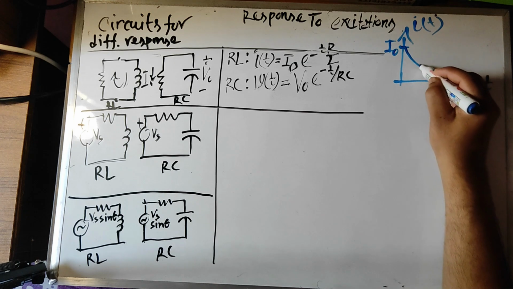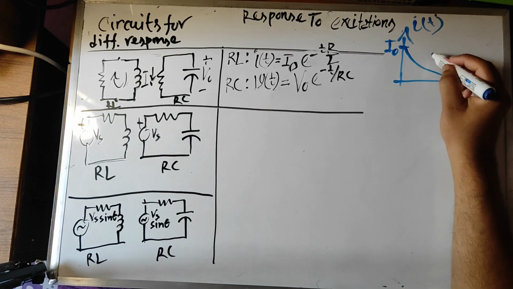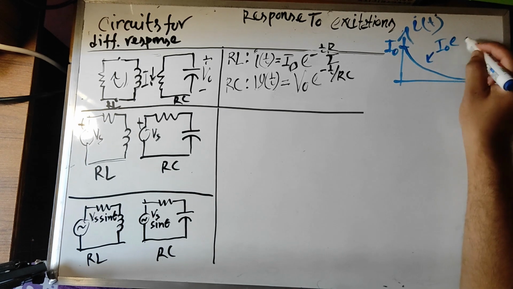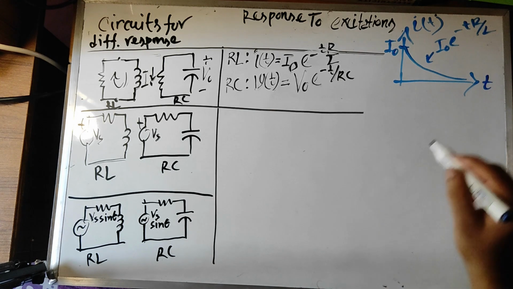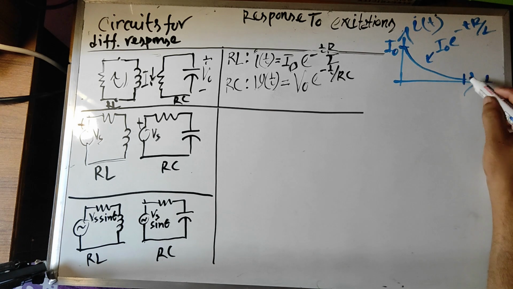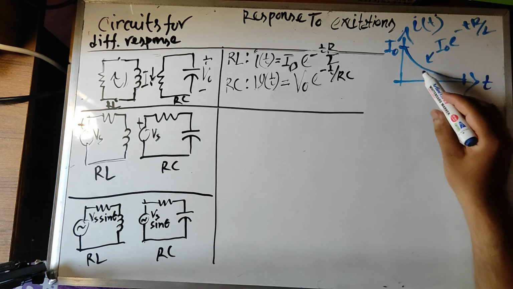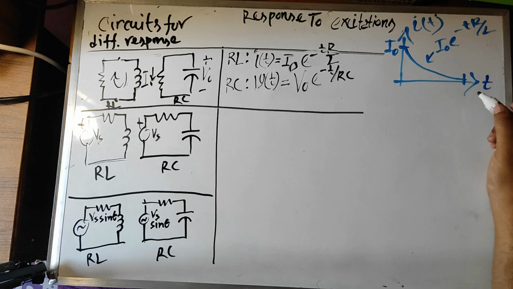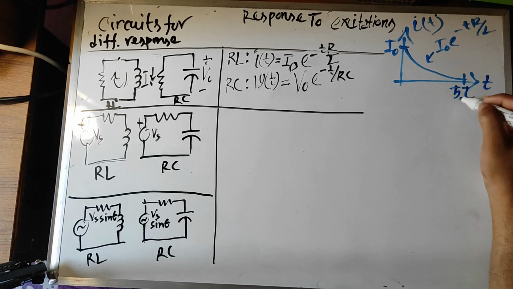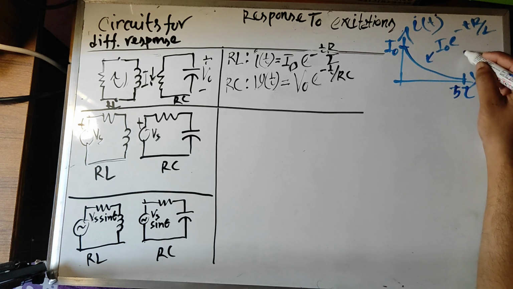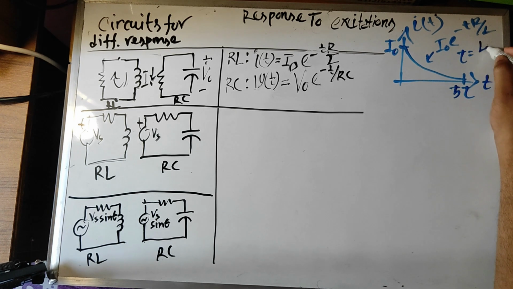The response will be like this: I0 e to the power minus tR by L. And this is the time when the decaying is approximately equal to 0. This time is called 5 tau, where tau is the time constant and tau equals L by R.